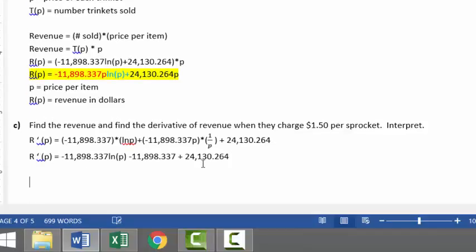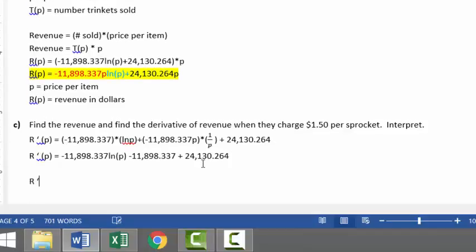Finally, I could do one more simplification. R prime of p. These two constant term values can be added together: 12,231.927. And so r prime of p is negative 11,898.337 times ln of p plus 12,231.927.